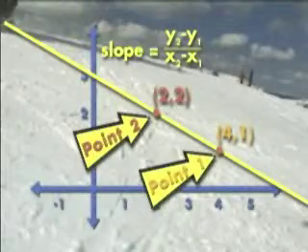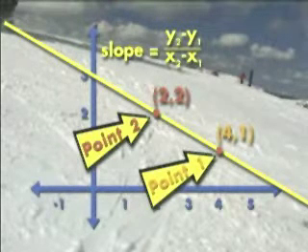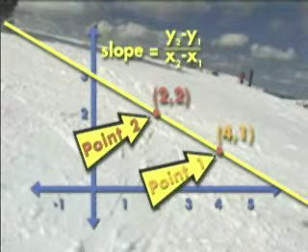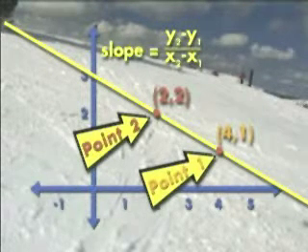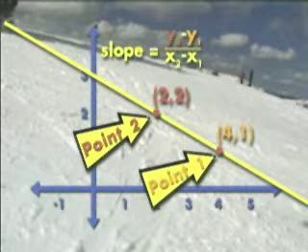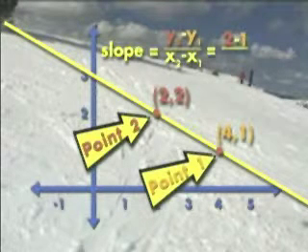The formula for slope is y sub 2 minus y sub 1 over x sub 2 minus x sub 1. If (4, 1) is point 1 and (2, 2) is point 2, y sub 2 minus y sub 1 will equal 2 minus 1.